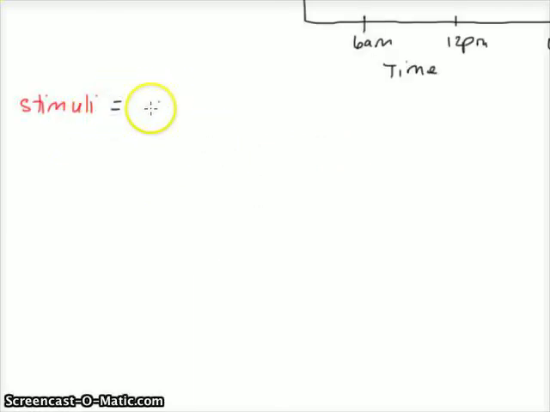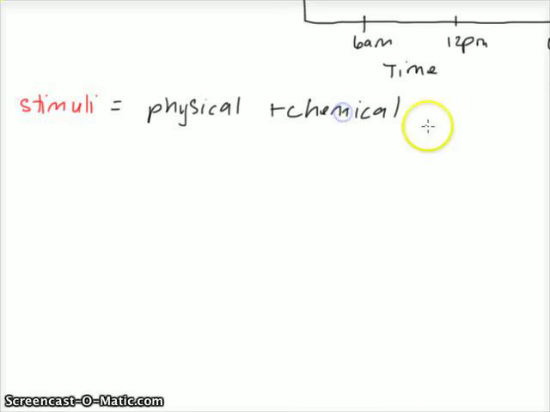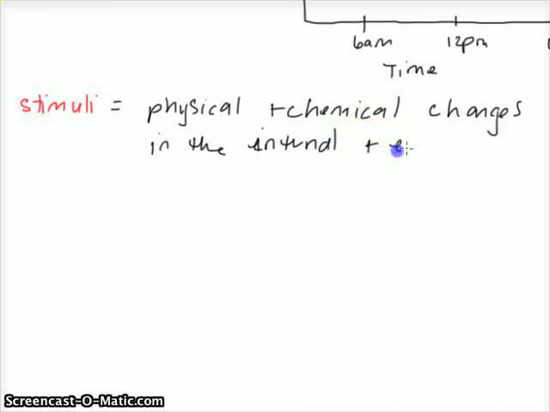A stimulus is physical and chemical changes in the internal and external environment that make living things react.